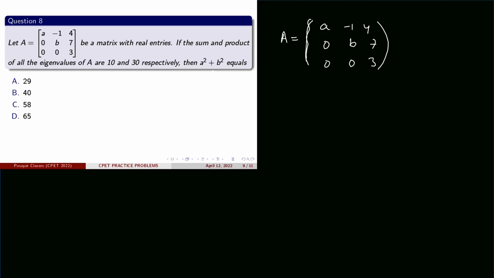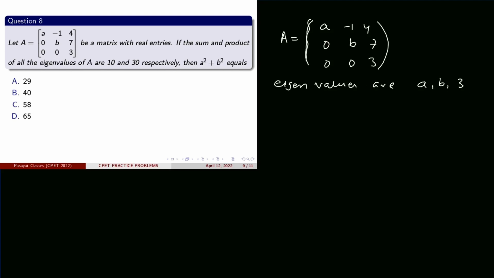Here observe that the matrix A is of the form of a triangular matrix, and here we can directly write the eigenvalues: these are a, b, 3.